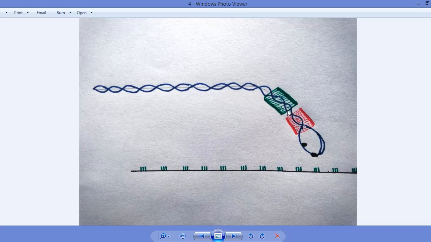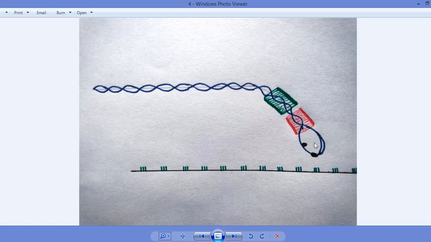Hinge 1 helps in the formation of the cross bridge, or helps in the combination of this head with the active site of the actin. Hinge 2 of the myosin filament helps in the formation of the power stroke, or helps in the movement of this myosin filament over the actin filament.